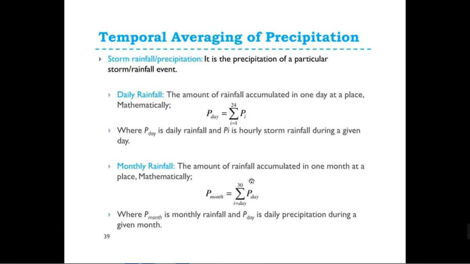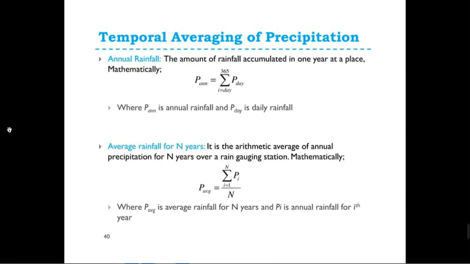Monthly rainfall is the amount of rainfall accumulated in one month at a place, where P is the precipitation during the given month. Annual rainfall is the amount of rainfall accumulated in one year at the place, where P is annual rainfall and P day is the daily rainfall.